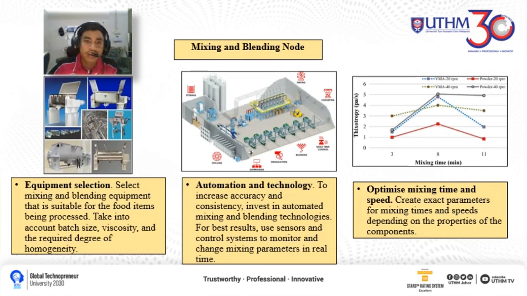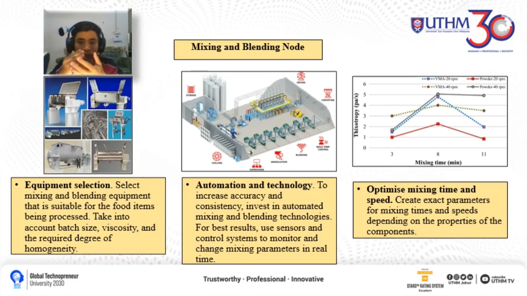For the second note, the recommendation is for the mixing and blending note. First, equipment selection. Select mixing and blending equipment that is suitable for the food item being processed. Take into account batch size, viscosity, and required degree of homogeneity. Second, automation and technology.